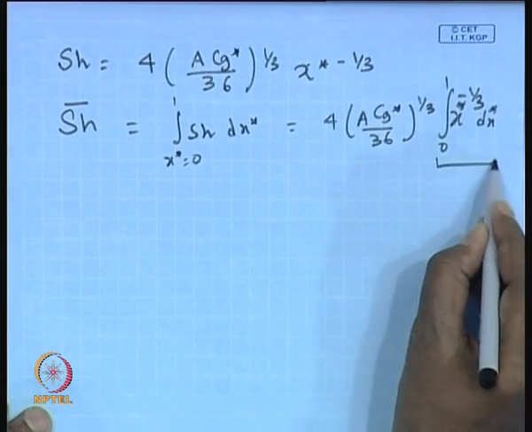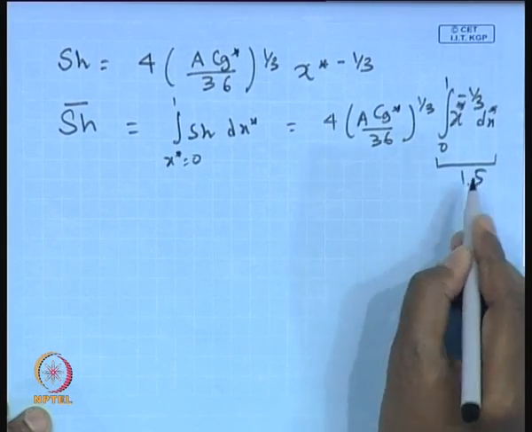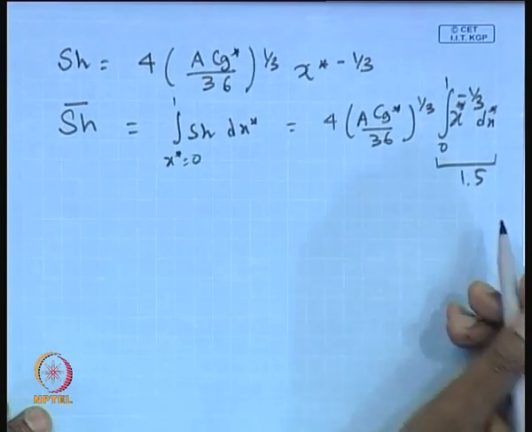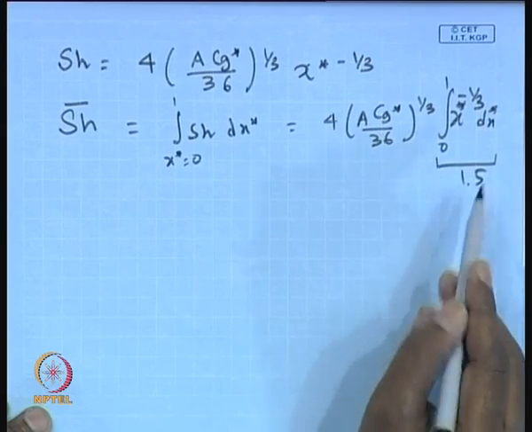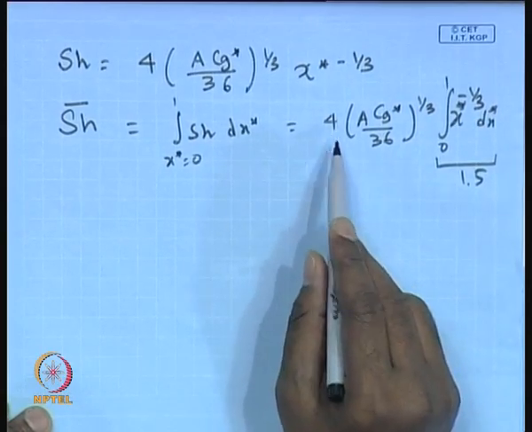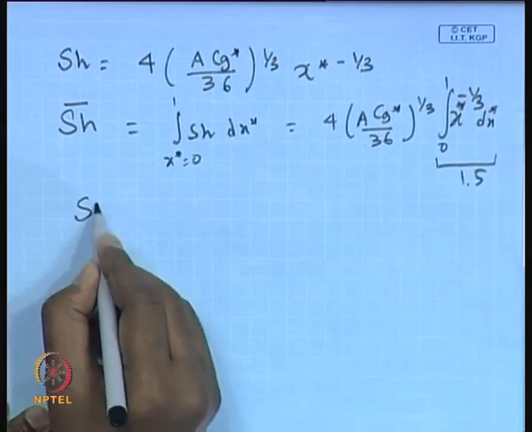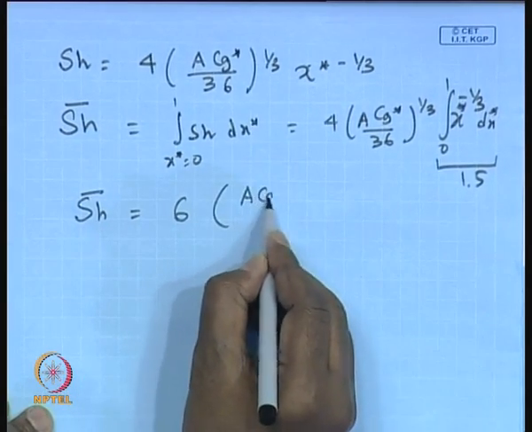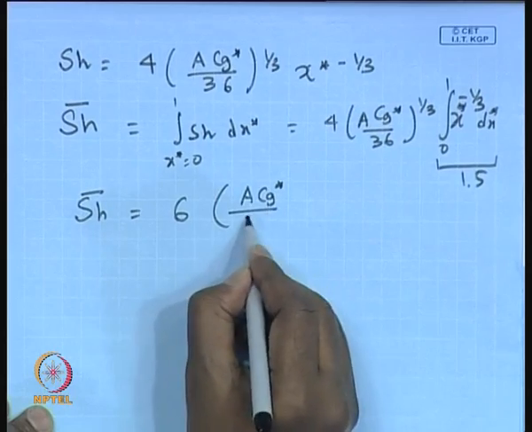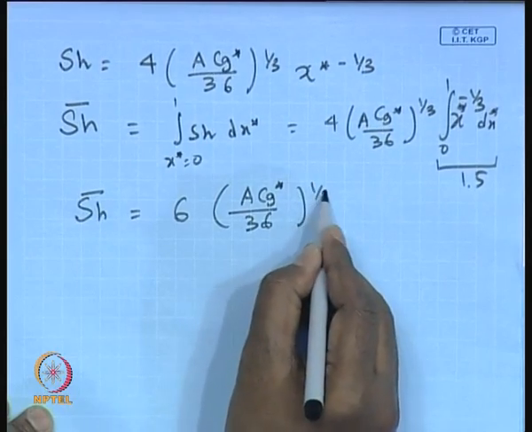So, you will be getting a value 3 by 2 or 1.5 here, and after integration that will be 1. So, it will be 1.5. After integration the whole integral becomes 1.5, 1.5 into 4 it becomes 6. So, Sherwood number average becomes 6 A C_g star divided by 36 raised to the power 1 upon 3.